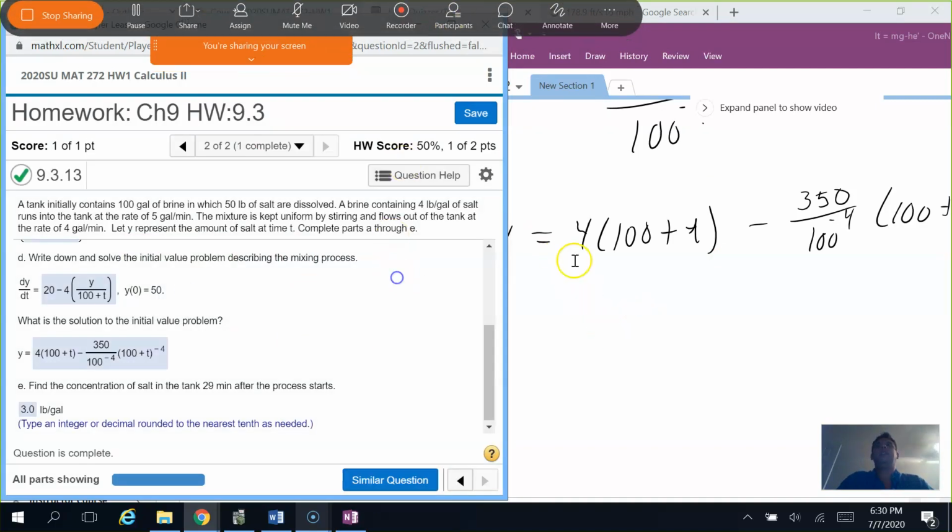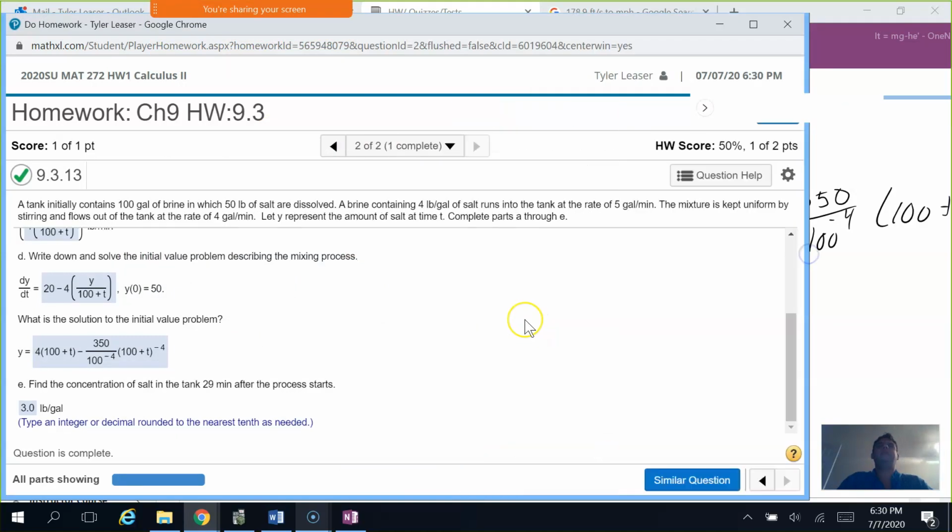Anybody else? Chapter 9, chapter 10 stuff? I don't think chapter 10 is too bad once you get into it, but it's probably time consuming. I think there's quite a few questions in the chapter 10 homeworks, at least in the first few sections, so just make sure you set aside enough time to be able to finish it.